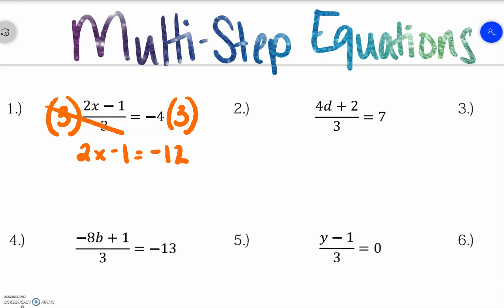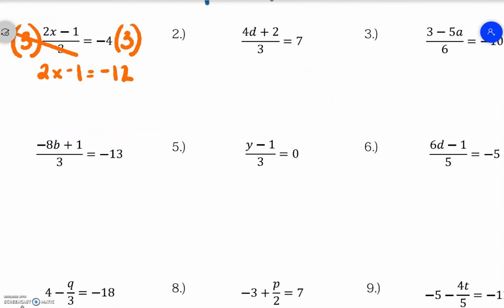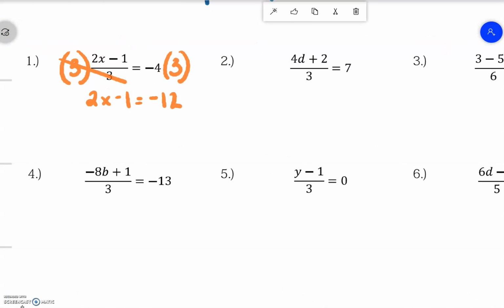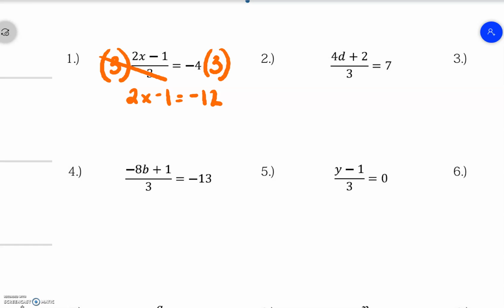And now this looks just like our 2-step equations that we have been doing. So to get 2x by itself, I have to add 1 to both sides.